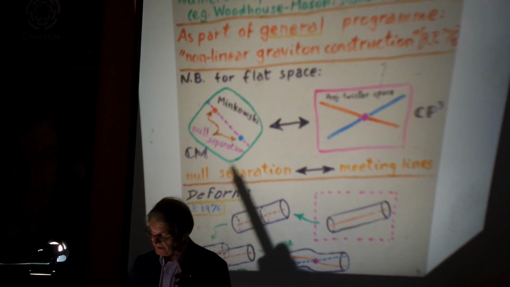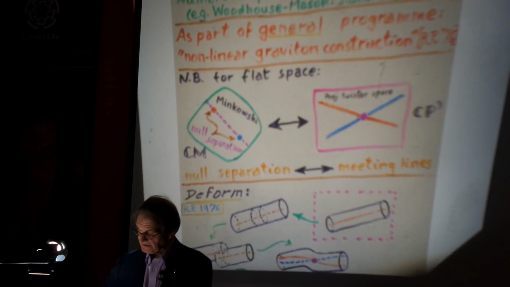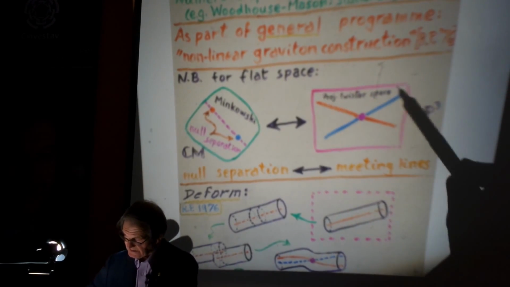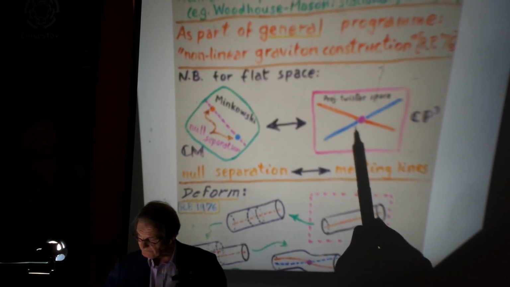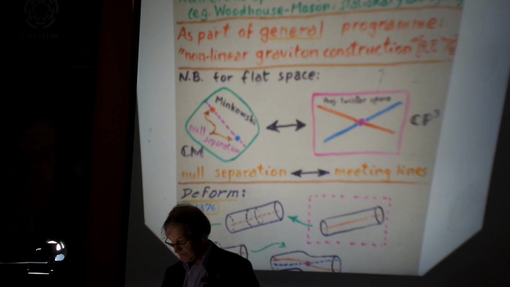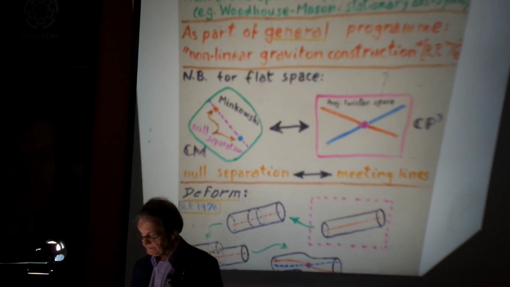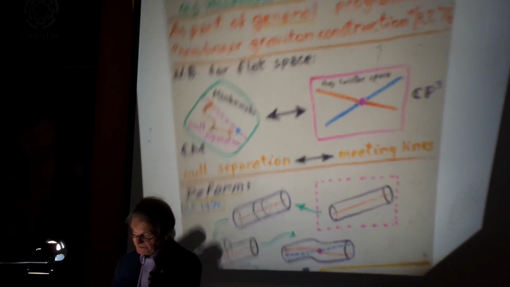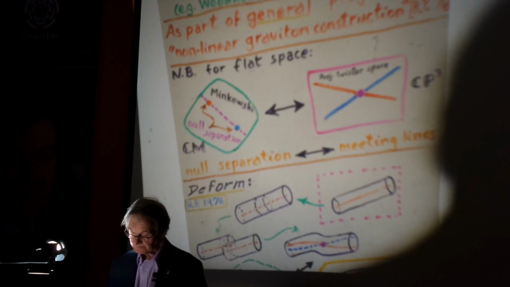When is there a null line through the two of them? That corresponds to these projective lines that seem to be intersecting. So this point of intersection corresponds to the line that was in real Minkowski space to begin with. And these things represent my points in the complexified Minkowski space.